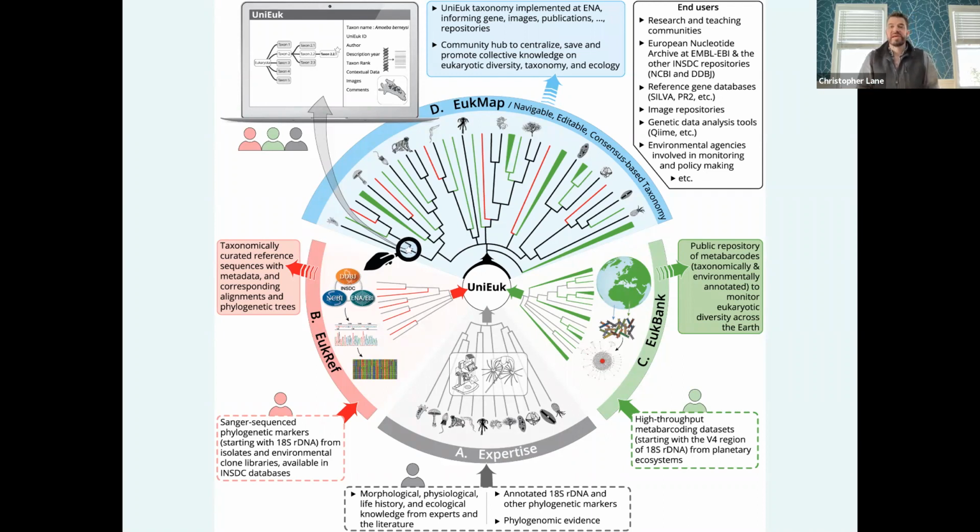These data will then be ported to EMBL, NCBI, DDBJ and other reference databases like SILVA. The idea here is to form a community-based taxonomy that is informed by data that are ongoing all the time, and use that information so that we have an up-to-date taxonomy that can be referenced at any point.